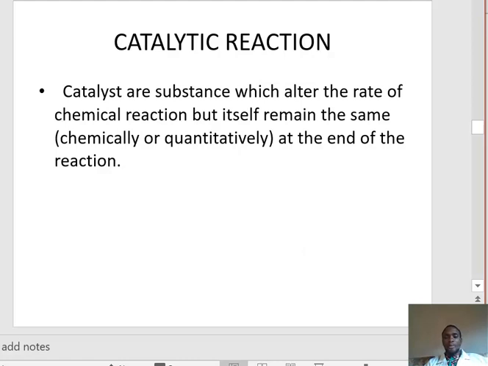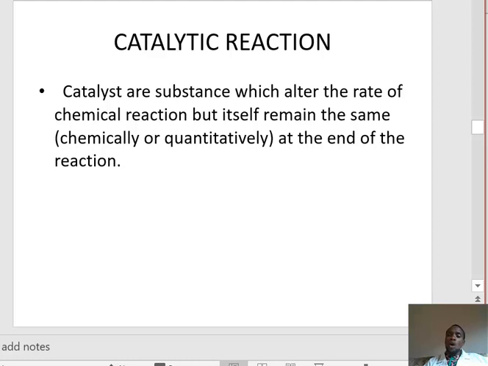Another reaction is the catalytic reaction. These are reactions that involve a catalyst, reactions that are always influenced by a catalyst. And what are catalysts? Catalysts are substances which alter the rate of chemical reactions, but themselves remain the same chemically or quantitatively at the end of the reactions.